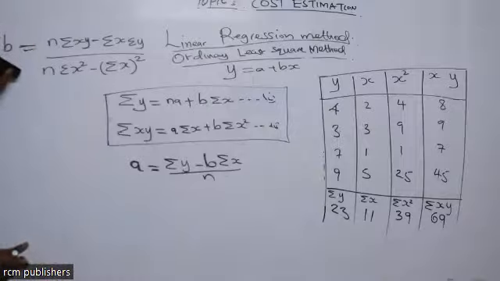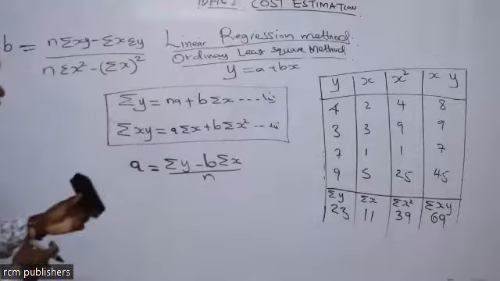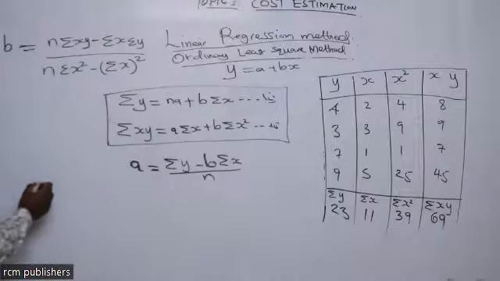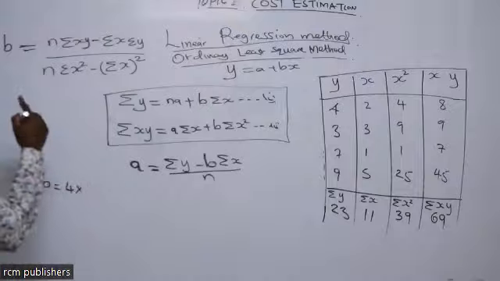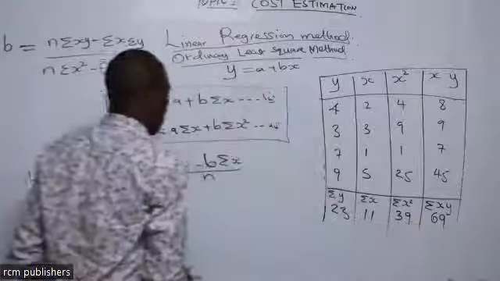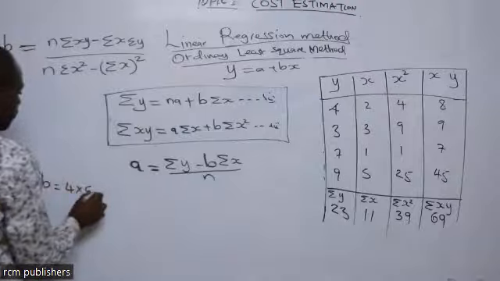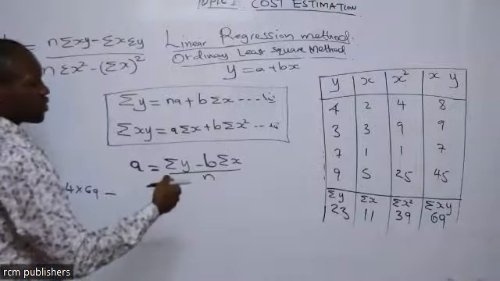Let's get B. Let's extract B from that particular question or that data set. So our B is equivalent to n, which is 4. We multiply by summation of xy. Summation of xy is what we have in this particular column. That is 69. Then minus summation of x, summation of y.